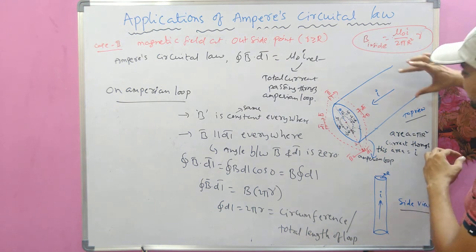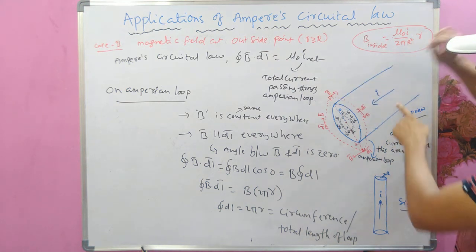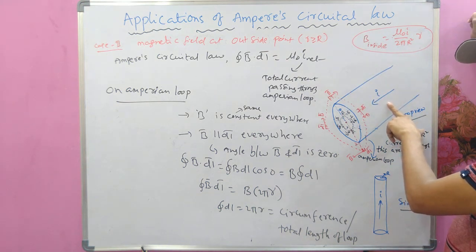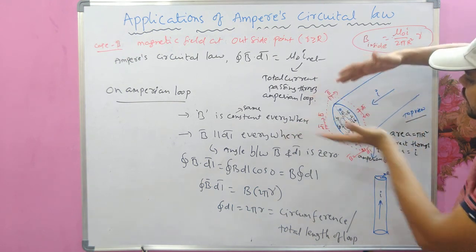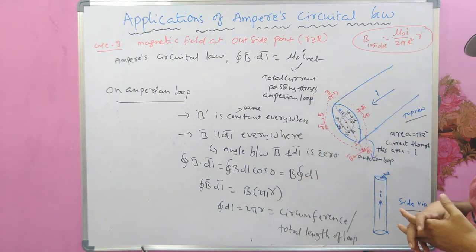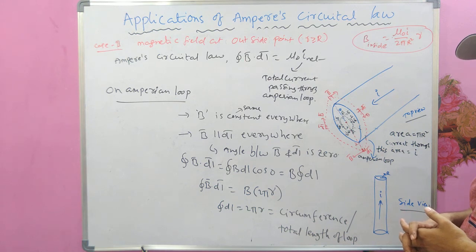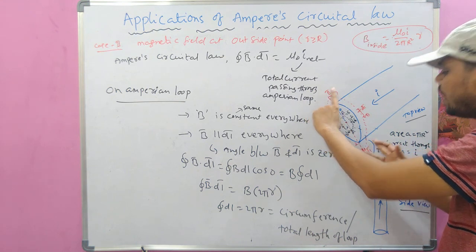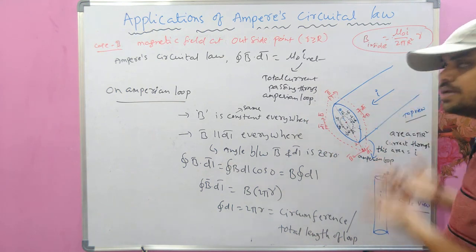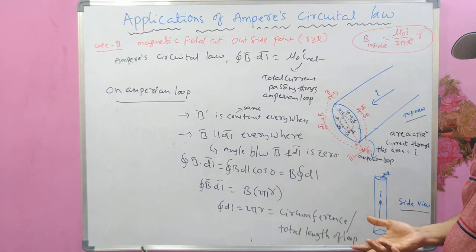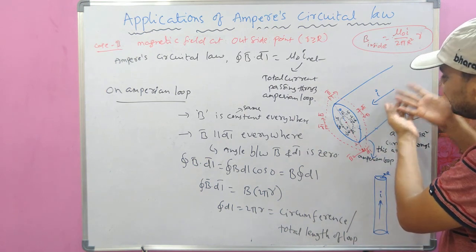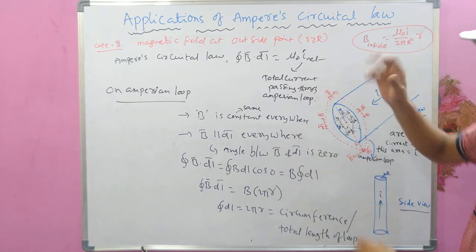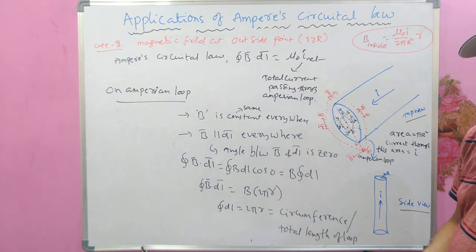So whatever the current that is passing through the wire is passing through the Amperian loop now. Which means that the total current that is passing through Amperian loop now is I, because whatever the current that is passing through the wire is passing through the Amperian loop now.